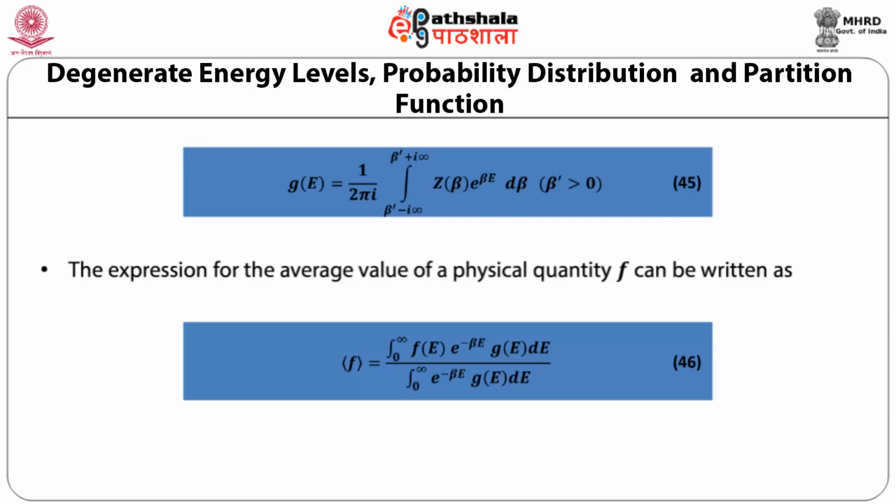The expression for the average value of a physical quantity f can be written as: the average value of f is equal to the integral from 0 to infinity of f e raised to power minus beta E g(E) dE divided by the integral from 0 to infinity of e raised to power minus beta E g(E) dE.